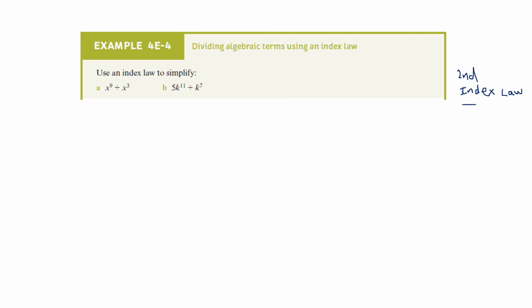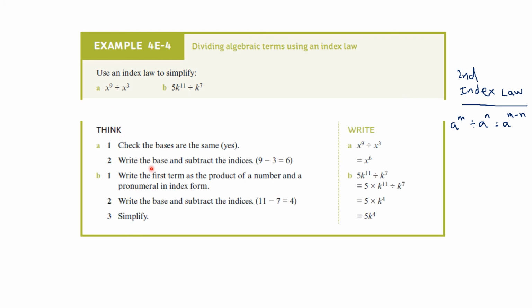Second index law: if we have a to the power of m divided by a to the power of n, that equals a to the power of m minus n. You can write that rule in your summary books. And now let's have a look at our solution.